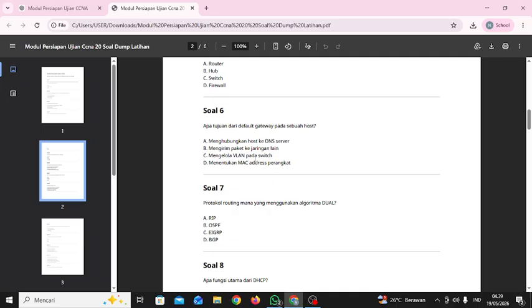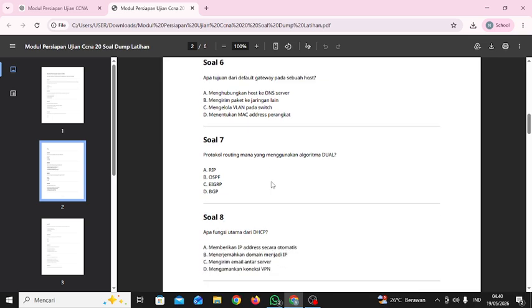If the PC wants to communicate with another network, it sends traffic to the default gateway. Without a gateway, local communication works and internet communication fails. This is one of the most common troubleshooting topics in networking.